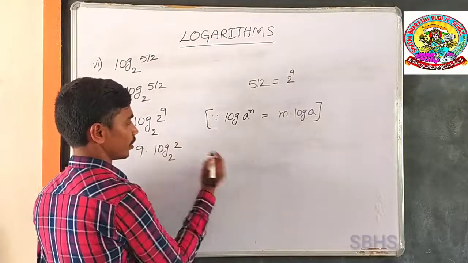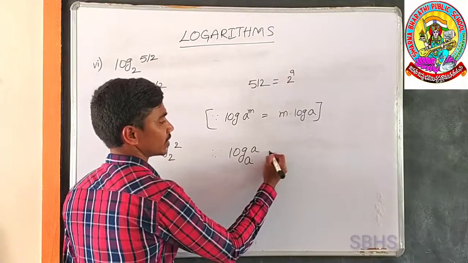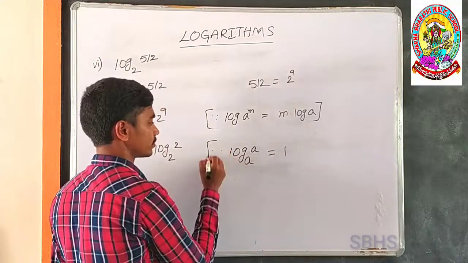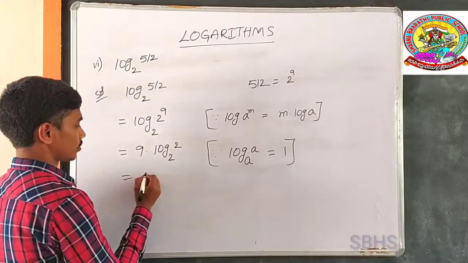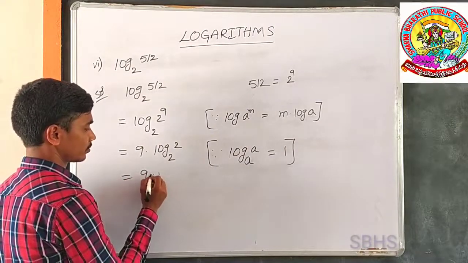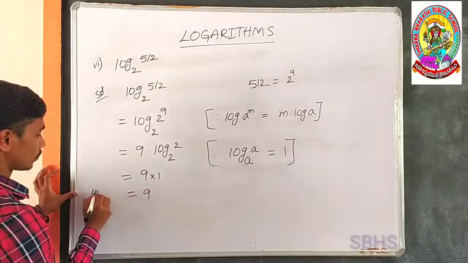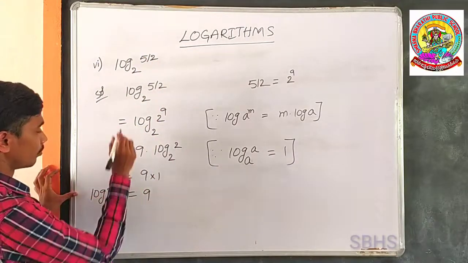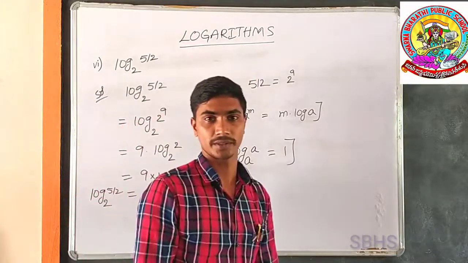It is in the form of log a to the base a is equal to 1. So 9 into 1, which is equal to 9, which means log 512 to the base 2, its value is equal to 9.